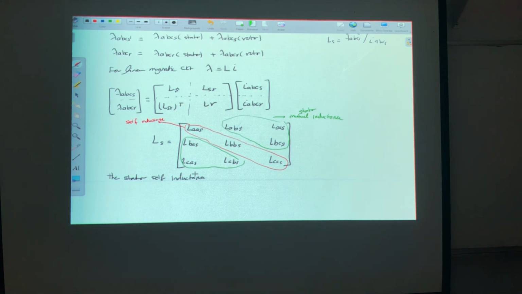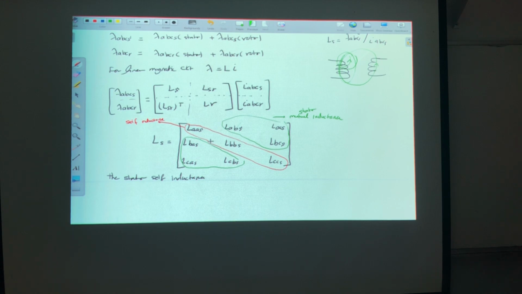Example, if I'm having here a coil, and here another coil, and there's a current, here I will generate a flux. So part of the flux will interact here, and part is only interacting here. This one is the leakage. It only interacts with the coil itself, while the magnetizing is interacting with all the coils.